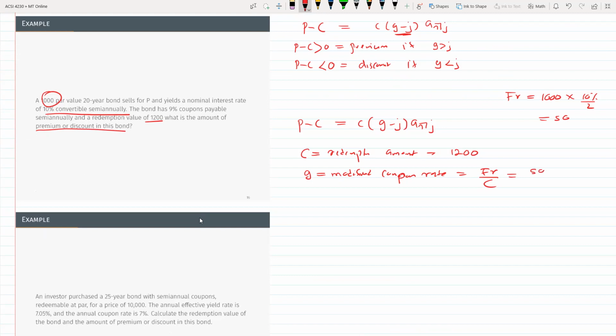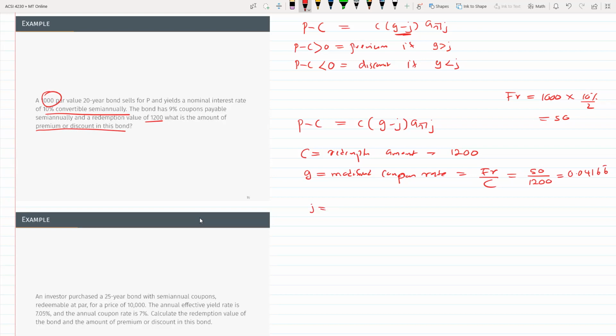And then C is 1200. So that would give me 0.04166.